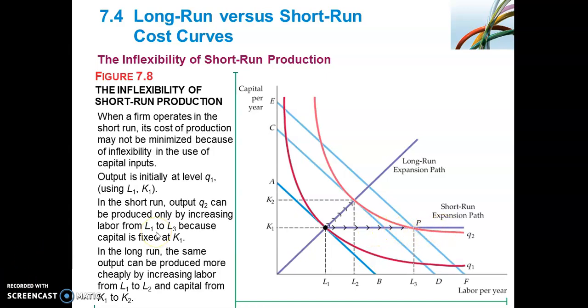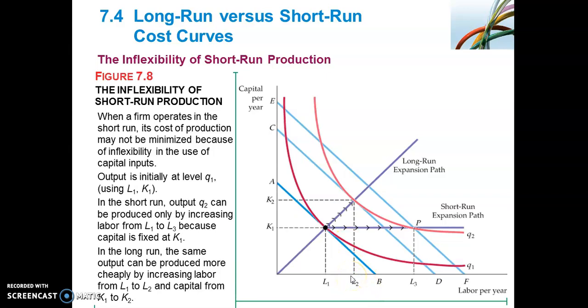Now, in the long run, Q2 could be produced at this point of tangency where you have your isocost line CD being tangent to your isoquant Q2 at this particular point. And at that point, your combination of inputs are K2 and L2.